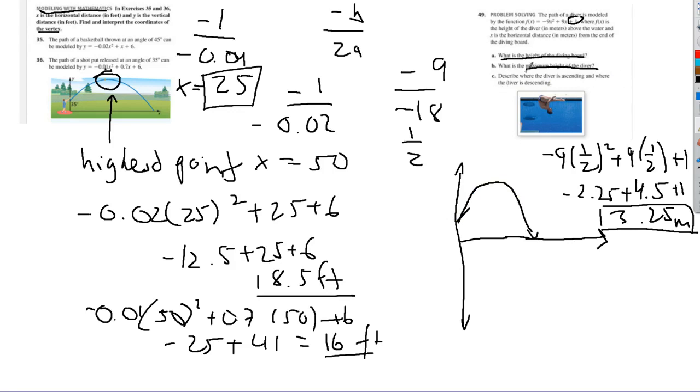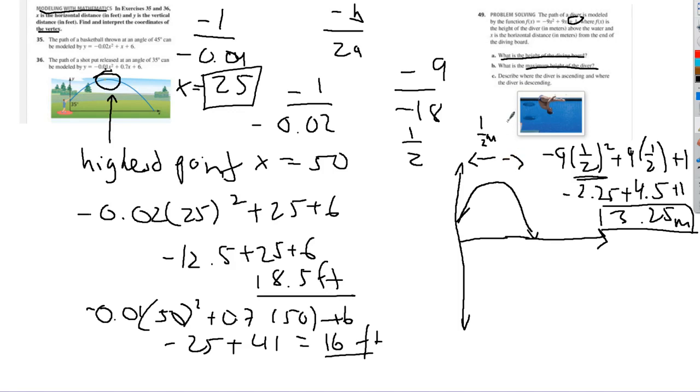And describe when the diver is ascending and when the diver is descending. So the maximum height of the diver is 3.25 meters, right? And then we have our 1/2 right here. The 1/2 is the horizontal distance. So before the diver has traveled 1/2 of a meter, he's ascending.